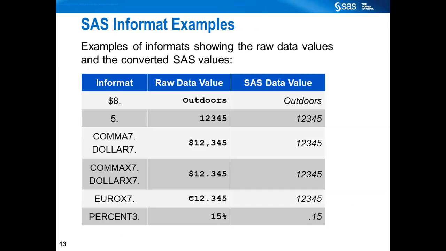All right, so these are some examples of informat. The same examples apply to format; the only difference is that here we are telling SAS how to read the value. Whenever you write $7. or a comma 7., that is your original raw file value. The aim is to remove special signs and save as simple numbers.